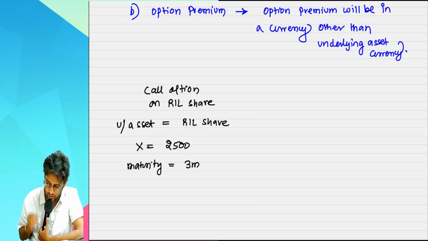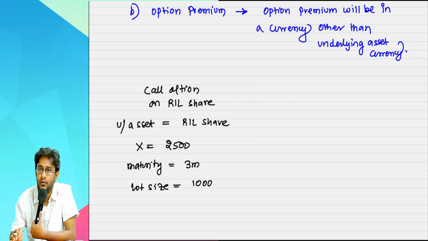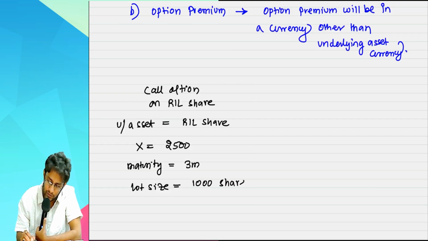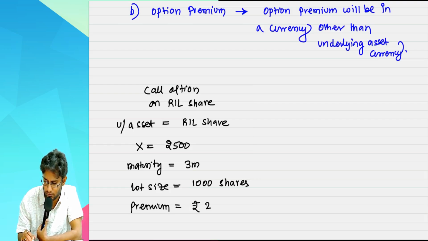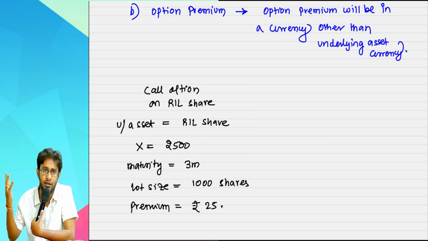Maturity 3 months contract. Lot size, let us say 1,000. What is 1,000 here? Units. Units means shares, RIL shares. Premium, let's say 25 rupees. In this there is no doubt, it's all very simple.